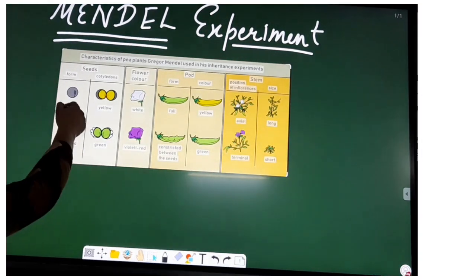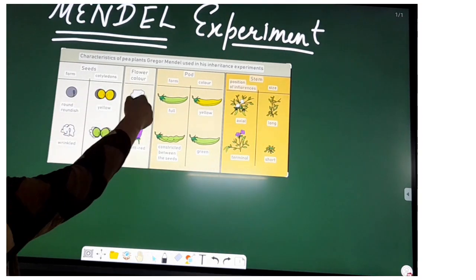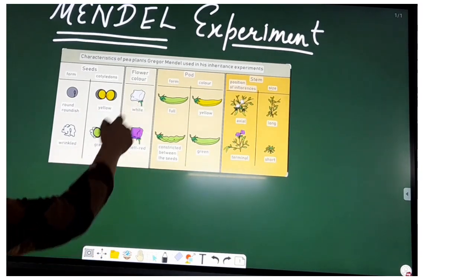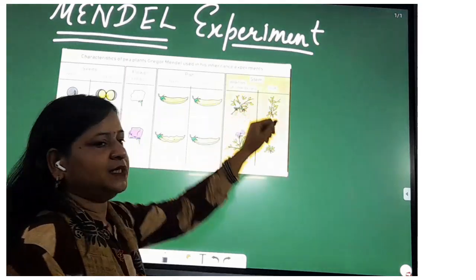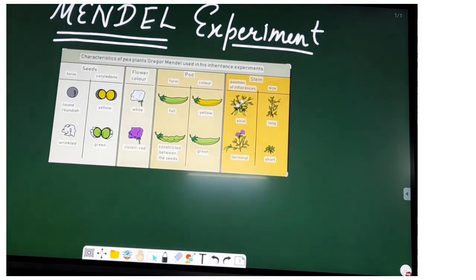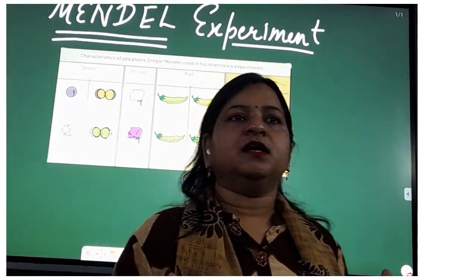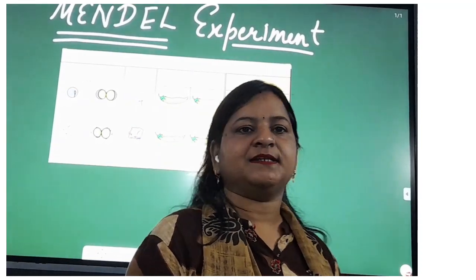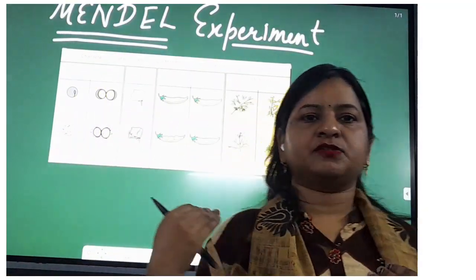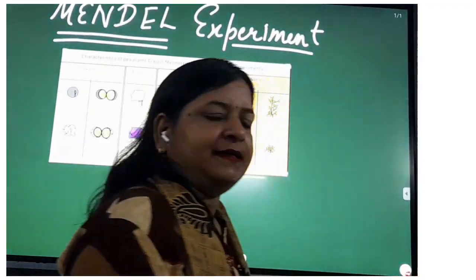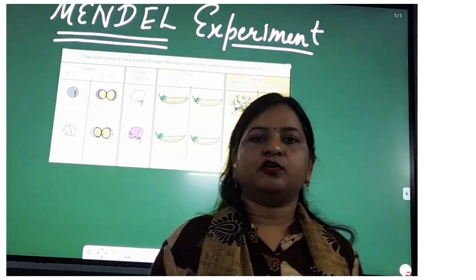These traits were like seed shape, cotyledon color, flower color, pod color and pod form, and the stem position and its size. So on this basis, he studied and did the experiments in 3 steps. He took any one of the characters from these 7 traits and did his experiment by following 3 steps.